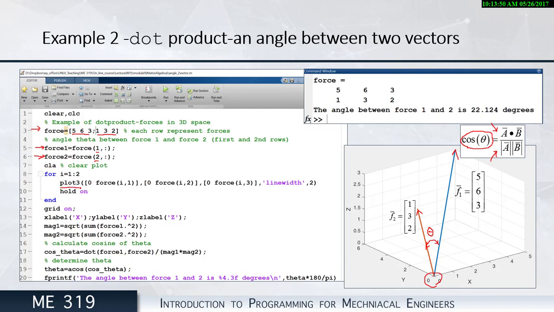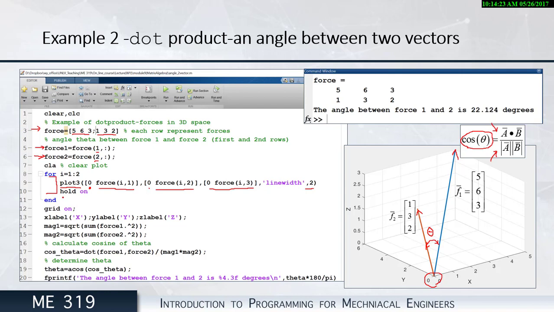You remember the plot3 function, right? So you can plot those forces from the origin, with the force 1 x coordinate, the y coordinate, and the z coordinate, with a line width of 2. This small for loop is plotting the two vectors.